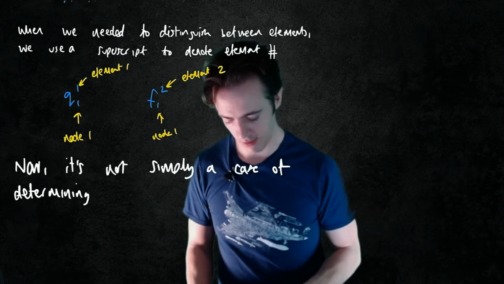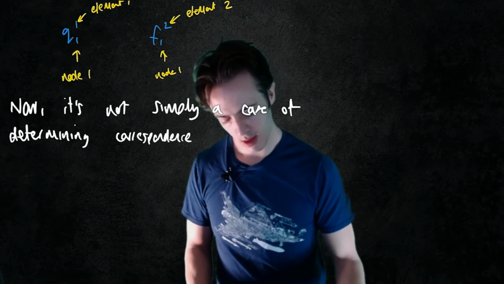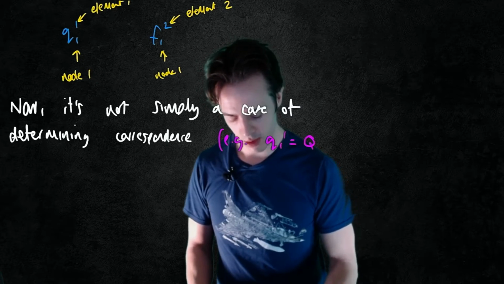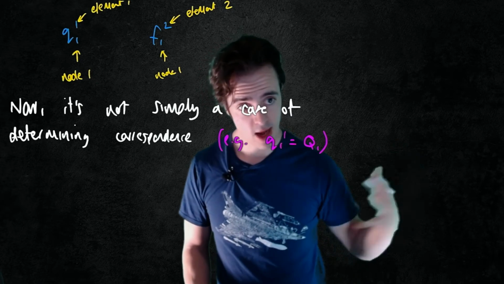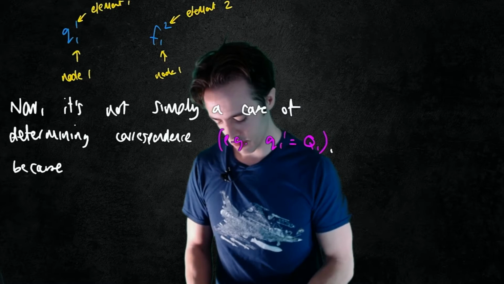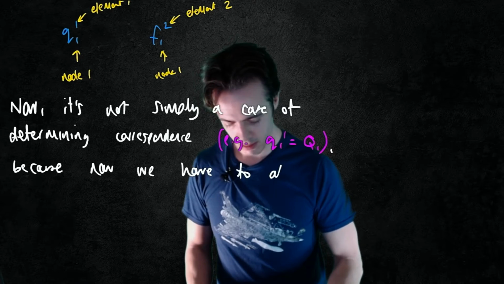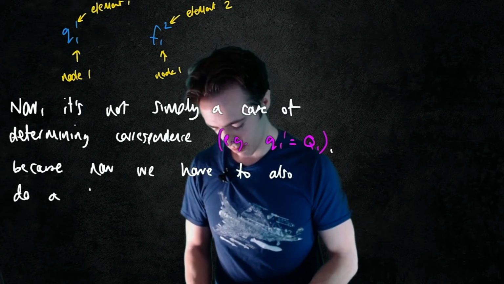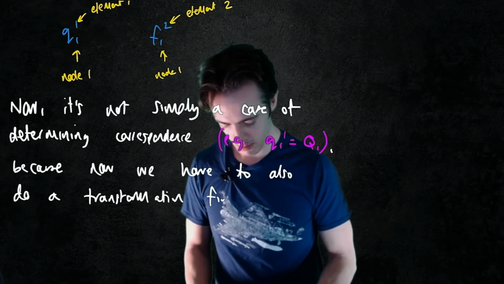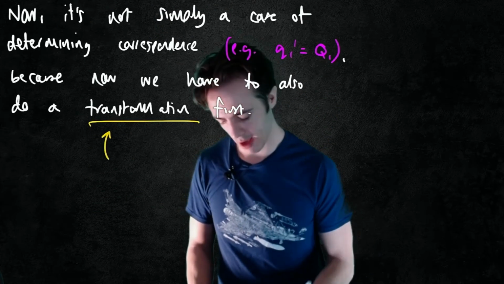So previously it was a case of determining what we'll say as correspondence, and I'll say in brackets here, e.g. Q11 was equal to Q1, because now we have to do some form of transformation as well. And what do I mean by transformation? Well, this accounts for the angular orientation.